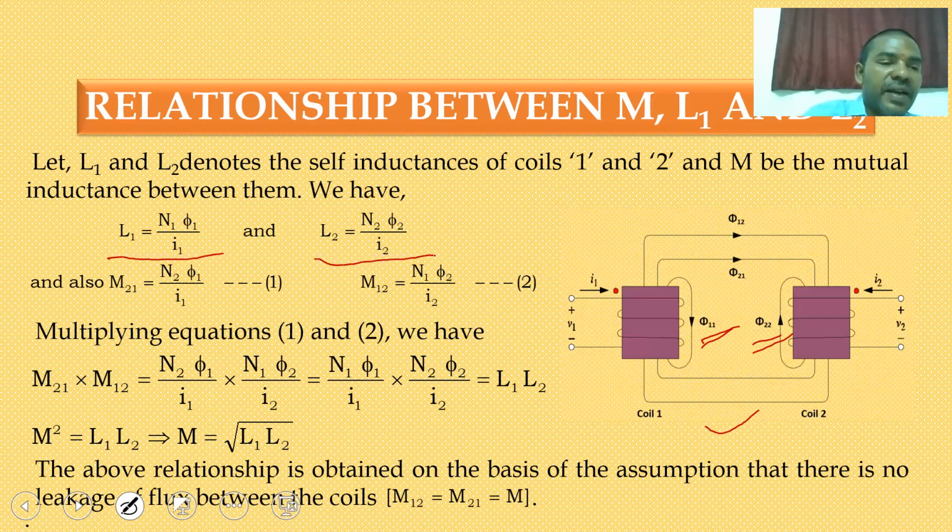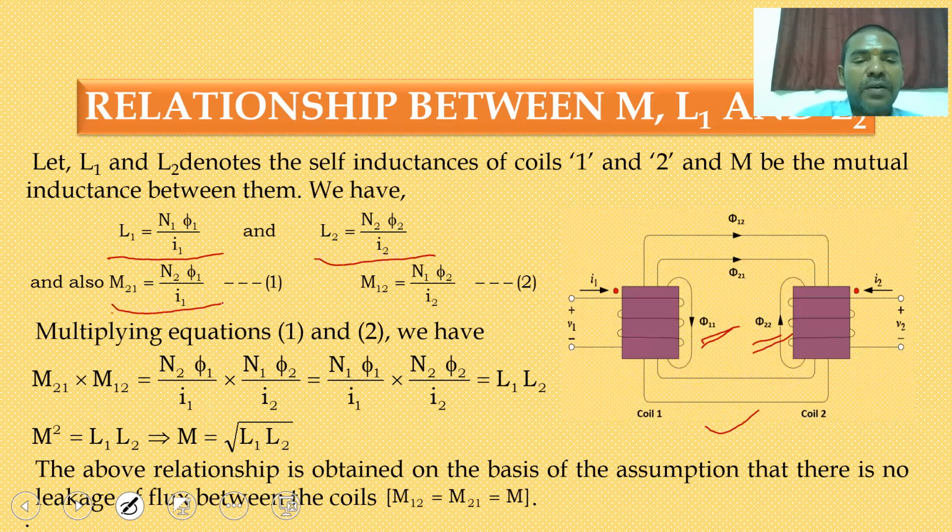The mutual inductance M21. M21 means the secondary mutual value is represented with respect to the first current, so M21 is N2 phi1 by I1.